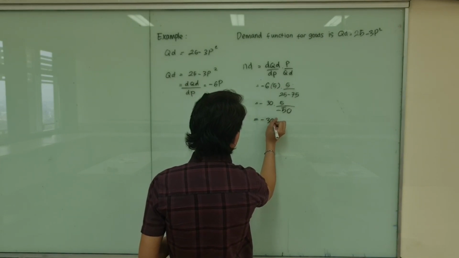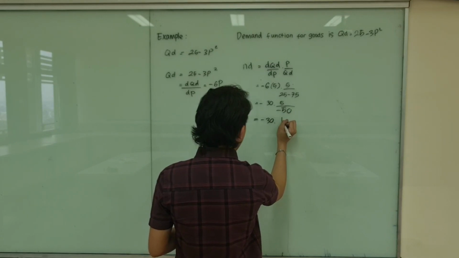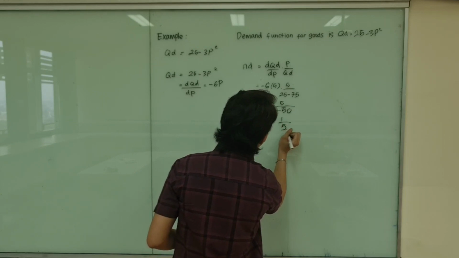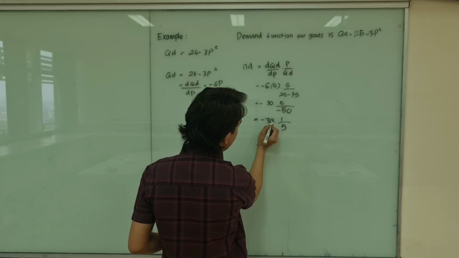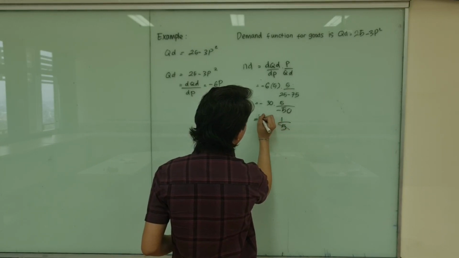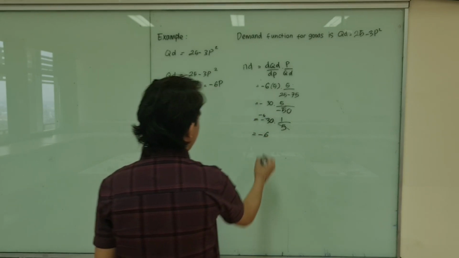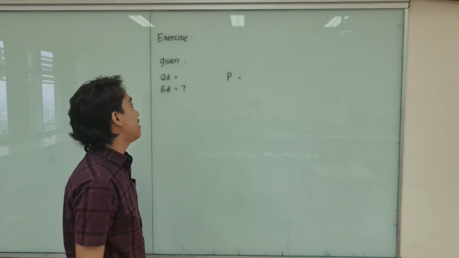Minus 30 times 5 over minus 50, and I will cross it between 30 and 5. It's minus 6, and that is minus 6. Okay, now let's do the exercise.